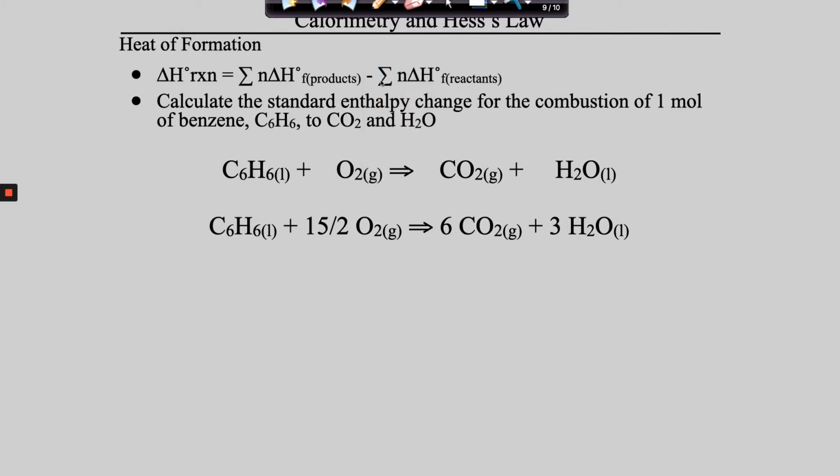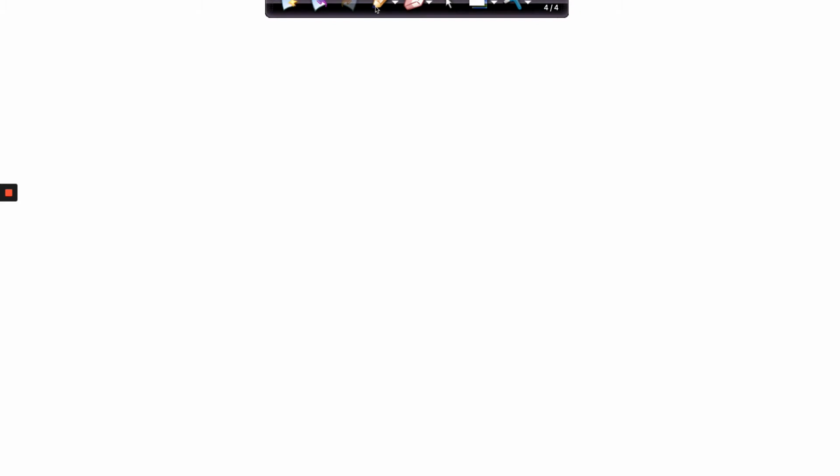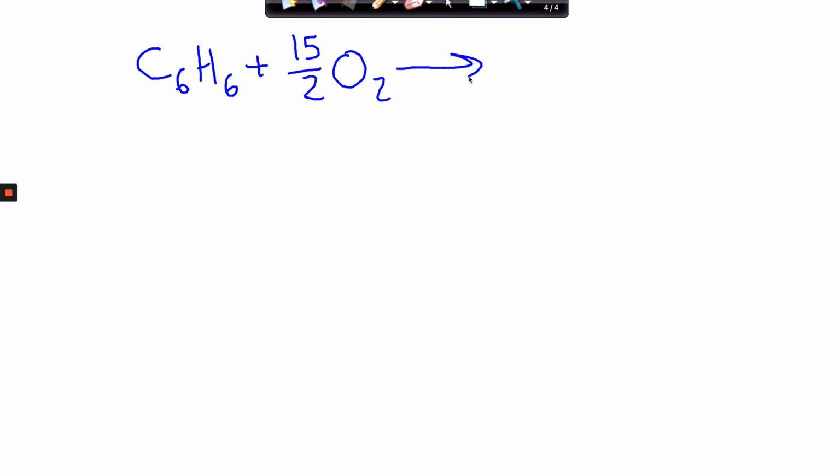So I'm going to do this on another screen, and you're going to do this with me. Let me write down the equation again so that we have it. We've got C6H6 plus 15 halves O2 yields 6 CO2s and 3 H2Os.